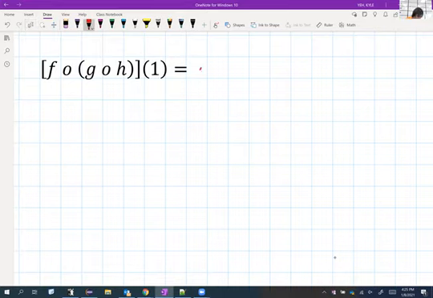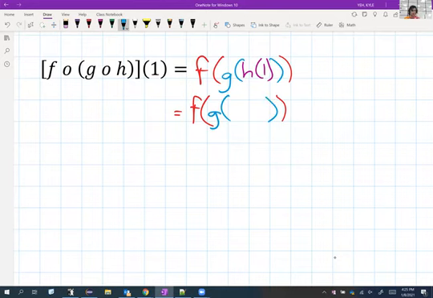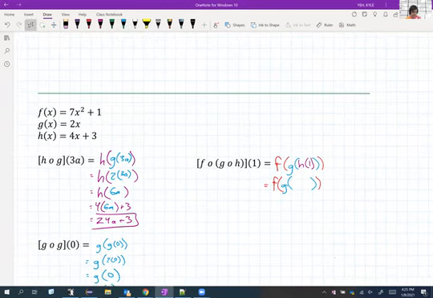So f of g of h of 1. What is h of 1? Well, if we look back over there, we can say h of 1, if we plug 1 in there, 4 times 1 is 4 plus 3 is 7.